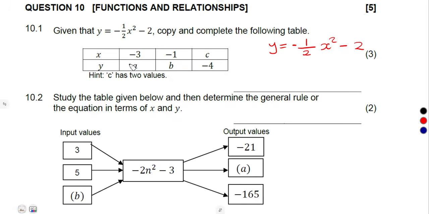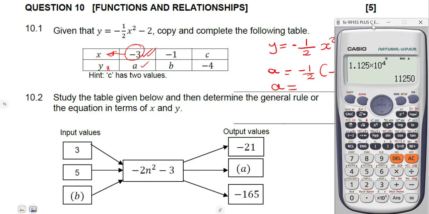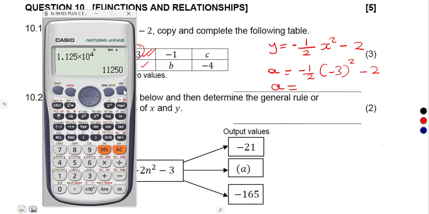So let's see. The A that we are given is the output, the Y value. So substitute X, which is what? Which is -3. So that is A in place of Y there is equal to -1 over 2 into X, which is -3 squared minus 2. So you can simplify this direct on your calculator, guys. This one is not about evaluating stage by stage.